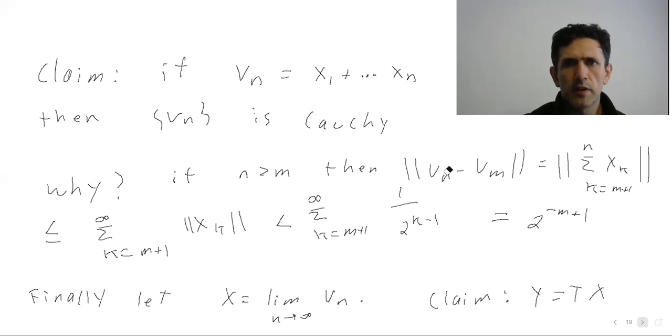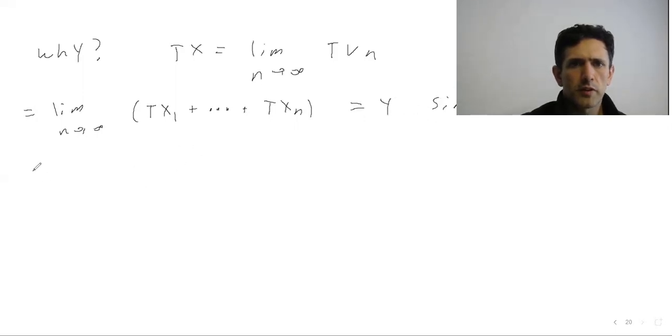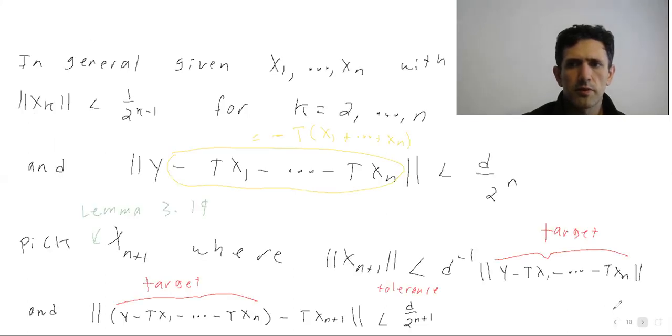This is going to be the limit of v_n, sorry. And by linearity, well, this is trivial, because this is less than delta d over 2 to the n.